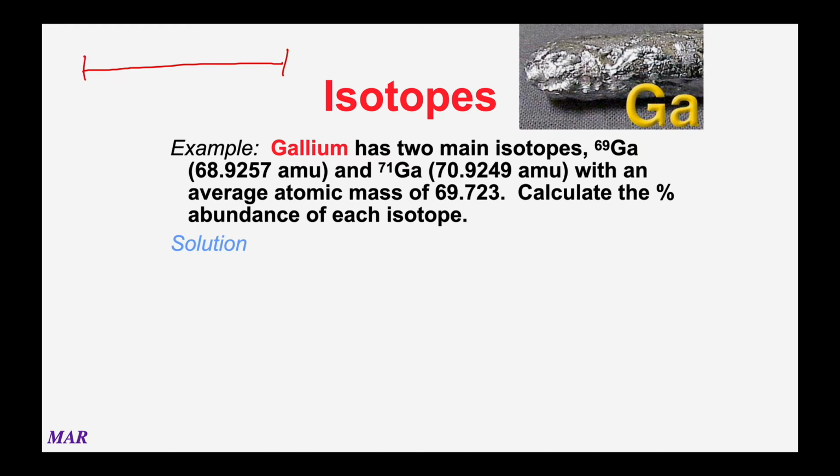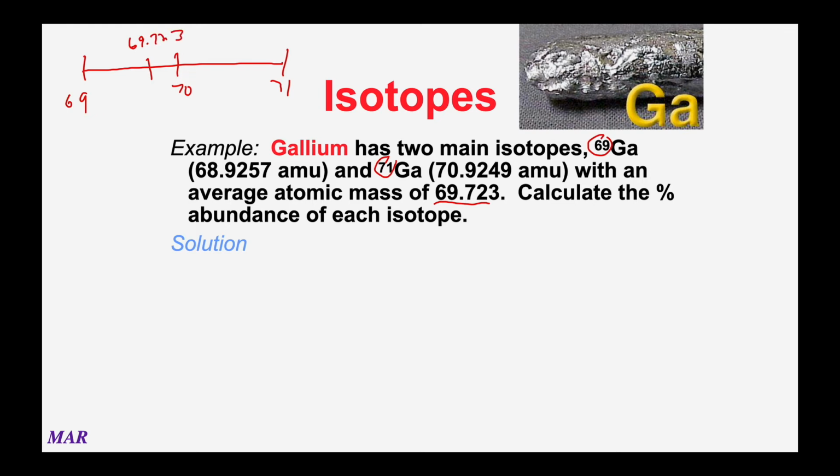And on my number line, I'm going to have 69 and I'm going to have 71. And that's because those are the two isotope mass numbers that we're dealing with. But in addition, the halfway point would be 70, and you can see that the average of all these, which is what the atomic mass is, 69.723.